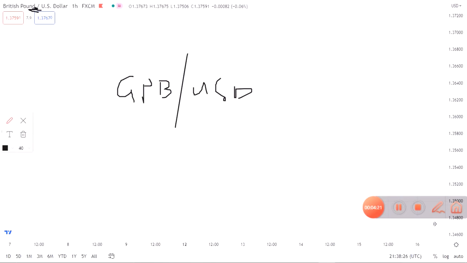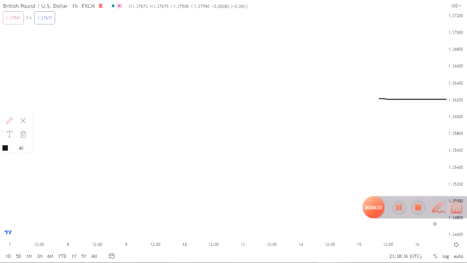What these numbers represent is that when price is at this level, 1 pound will give you $1.36200. That's comparing the two.